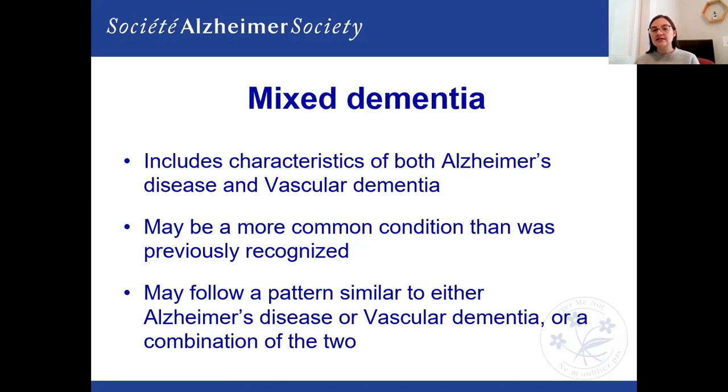And what's interesting is that this may cause you to have symptoms of just Alzheimer's disease or just vascular dementia, but often it's a combination of the two. And so you might get symptoms of both. Yeah, it's also sometimes you'll hear mixed dementia as Alzheimer's disease and frontotemporal dementia, or two different kinds of dementia, but the traditional use of mixed dementia is Alzheimer's and vascular.